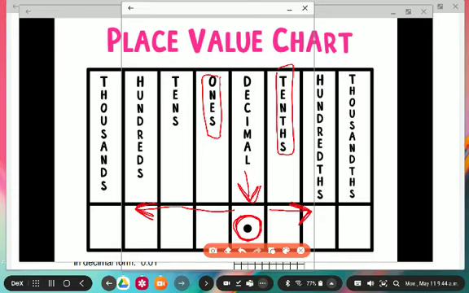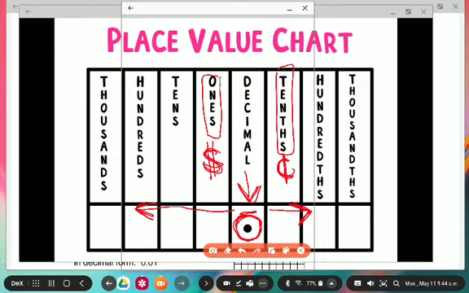So what about when we talk about money? When we talk about money, what does that decimal point right in the center right here separate? It actually separates whole dollars from cents.